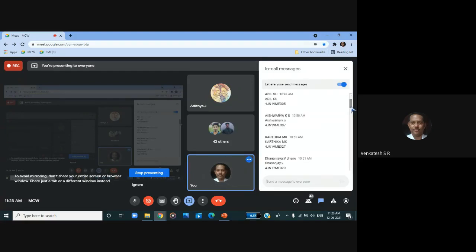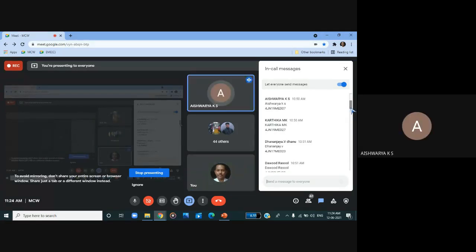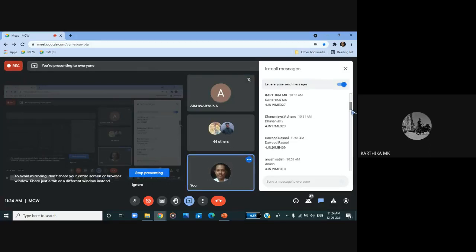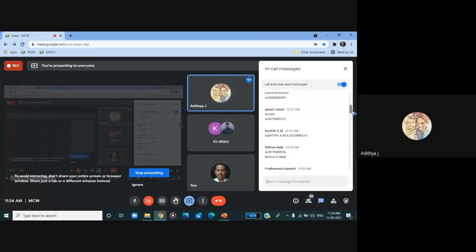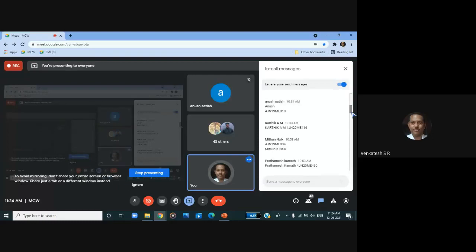Adil SU. Present, sir. Aishwarya. Present, sir. Karthik MK. Yes, sir. Dhananjay. Dawood Rasool. Anush. Anush Satish. All of you unmute yourself and tell me the attendance. Anush Satish. Present, sir. Karthik AM. Yes, sir. Mithun Nayak.